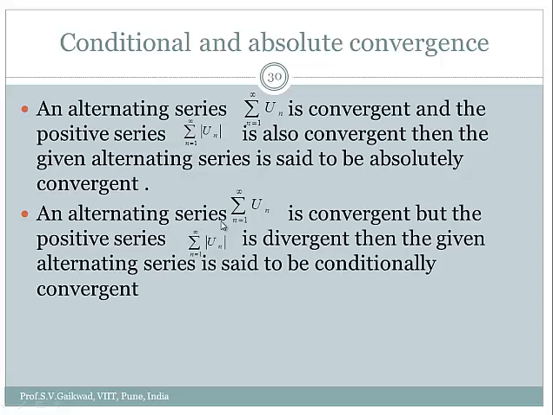And if the alternating series is convergent but its positive series sigma mod un is divergent, then the given alternating series is said to be conditionally convergent. So if both are convergent, the given series is absolutely convergent. And here the positive series is divergent, so the given series is conditionally convergent.